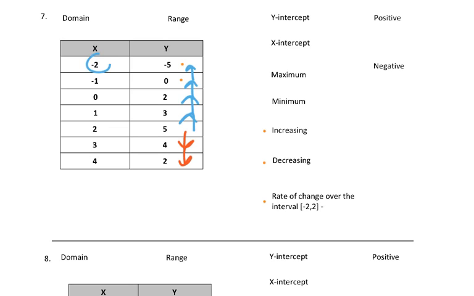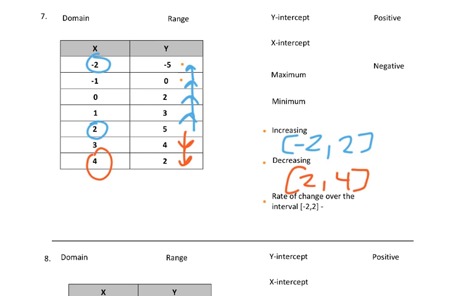So for increasing, we started at -2, and it increases till we get to 2. Then it stops increasing. And so at 2, we start decreasing till we get to 4. So from 2 to 4, and from -2 to 2. Okay, so those are kind of confusing, but that's how it goes.